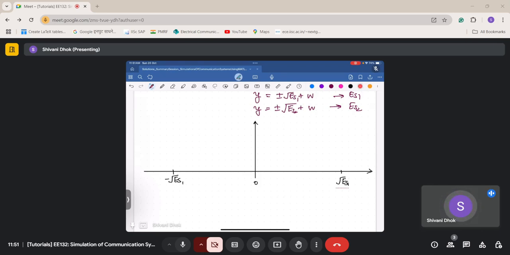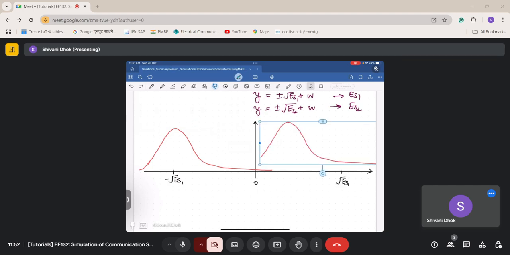So we'll have something like this. Similar way, let me just copy paste this. Will be here.